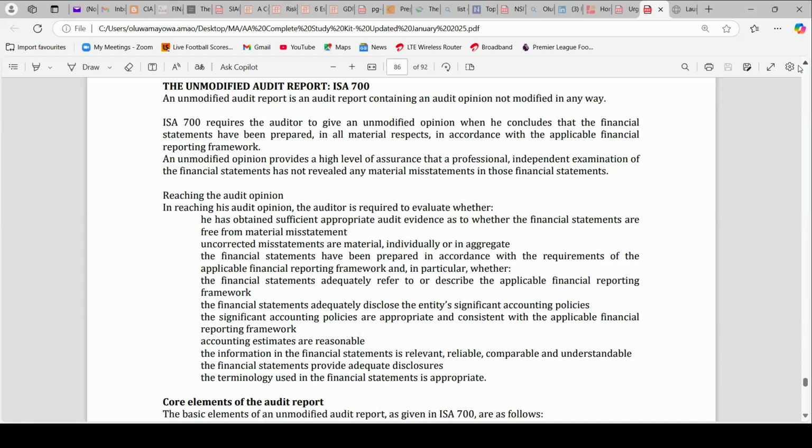And in reaching this type of opinion, the auditor is required to evaluate whether he has obtained sufficient and appropriate audit evidence, whether the financial statements are free from material misstatement or not, and whether all uncorrected misstatements are material or not. Also whether the financial statements have been prepared in line with the applicable financial reporting framework.